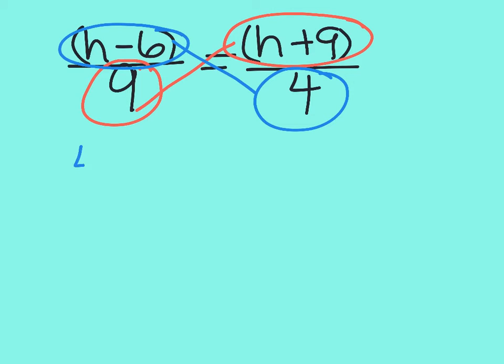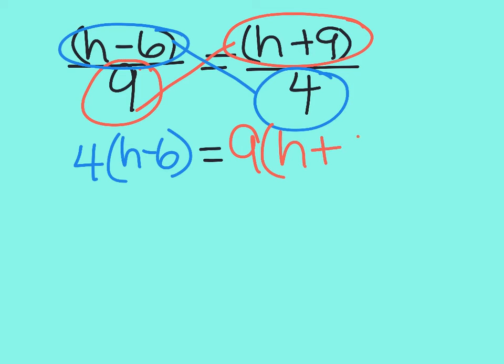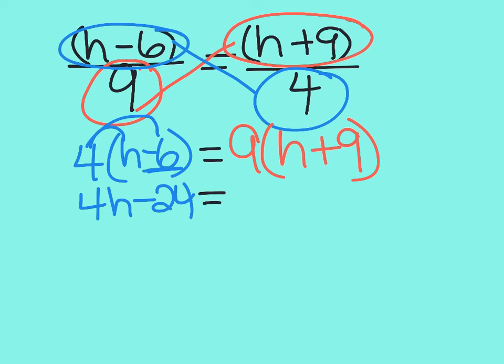Let's do that. 4 times h minus 6 equals 9 times h plus 9. Now we're going to distribute. 4 times h is 4h, and 4 times -6 is -24, equals 9 times h is 9h, and 9 times positive 9 is positive 81.